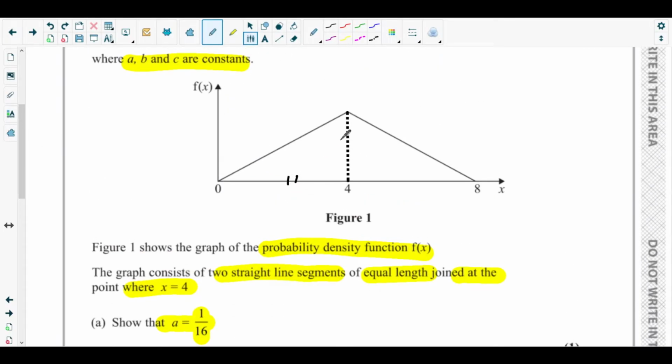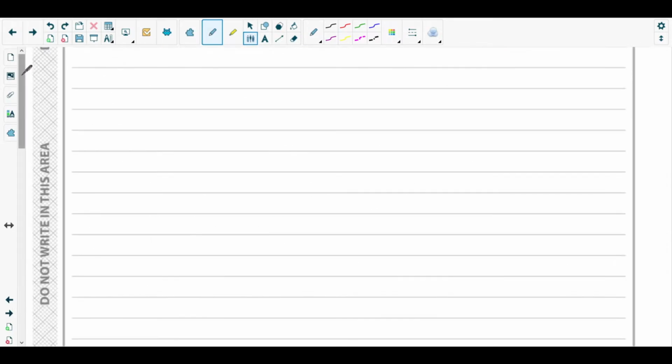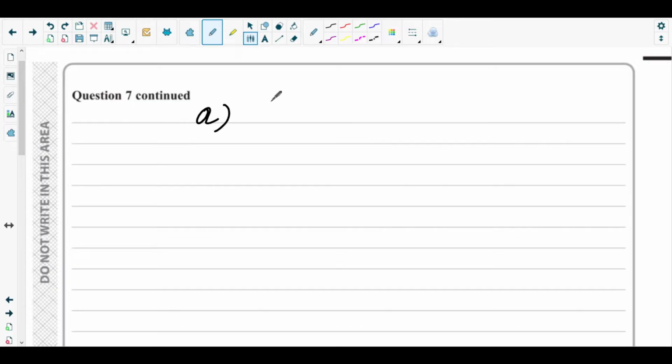Base is 4, height is f of x, which is ax. For part A: half times base, which is 4, times height.